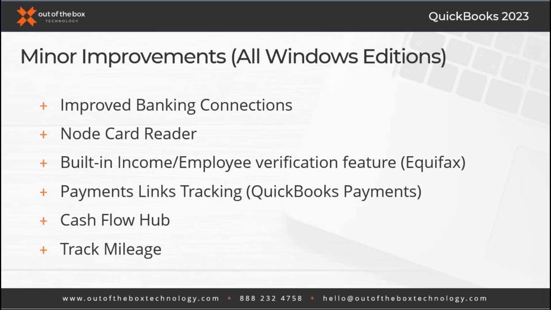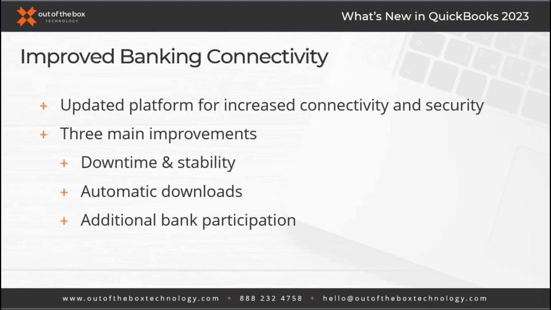They've got it set up where you can have a note card reader that works within your QuickBooks now. They've got a built-in income and employee verification feature through Equifax, the payment links tracking QuickBooks payments. The cash flow hub has been enhanced, and the tracking mileage feature has been enhanced as well. So all of these things are going to be beneficial to most if you utilize them.